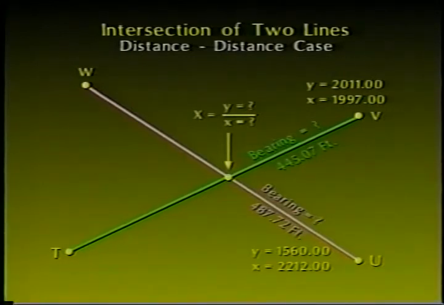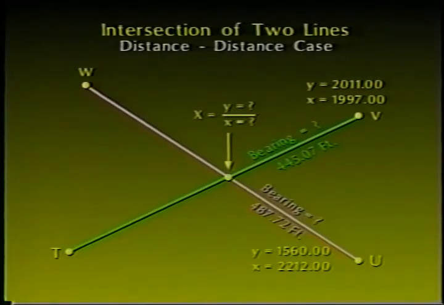For the computer solution, coordinate values for V and U are entered along with the distances of lines V to X and U to X. The computer will then process the data using the coordinate geometry equation for a distance-distance solution, displaying the coordinate value of point X and the bearings for lines V to X and U to X.